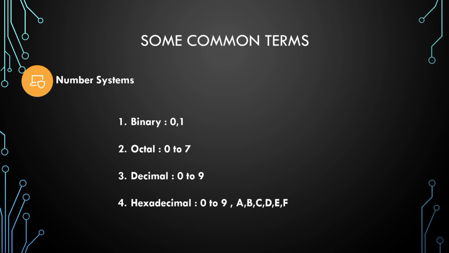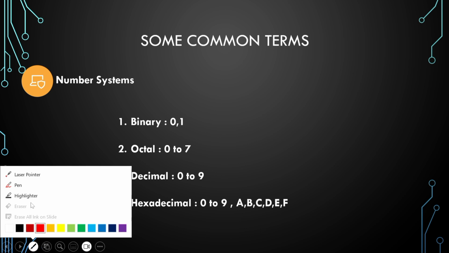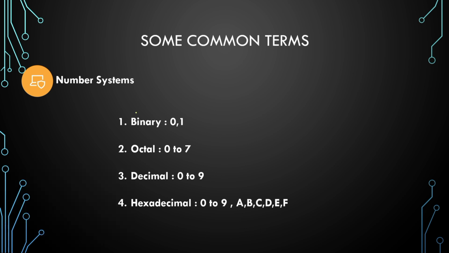First is the binary number system. In binary itself we have the word bi, and bi means 2. So we are using 2 symbols here. The system is a base 2 number system, which is also called the binary number system.